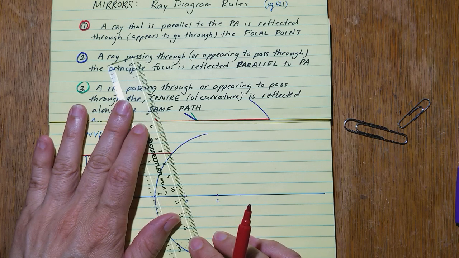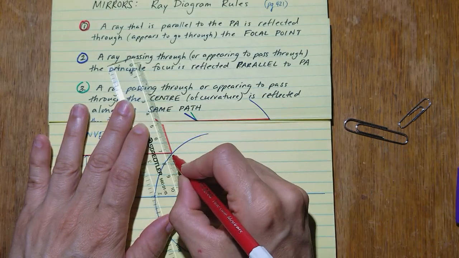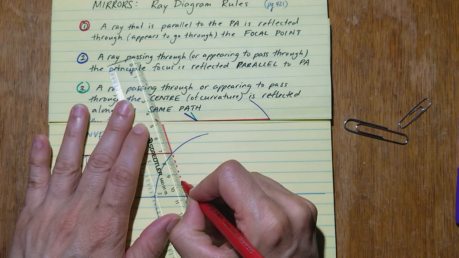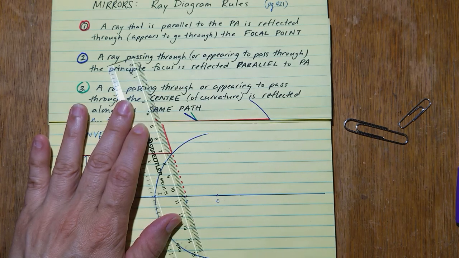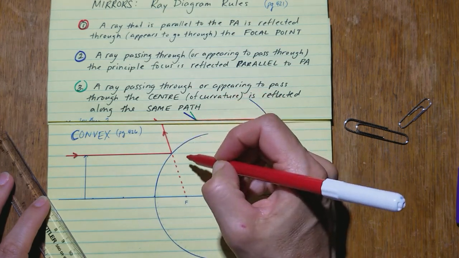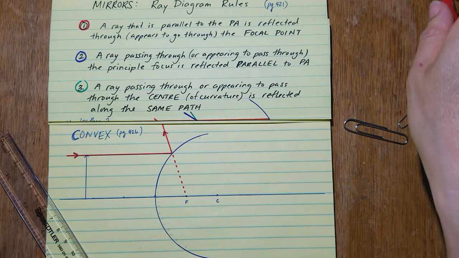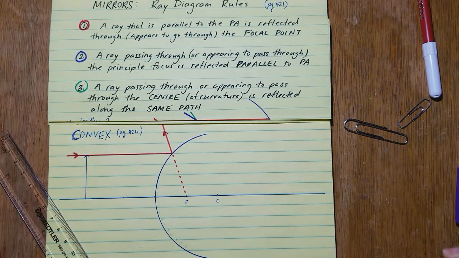Remember, it goes in this direction, but our eye thinks it's coming from here. So it comes in parallel, gets reflected to appear to come from the focal point. That's rule number 1.